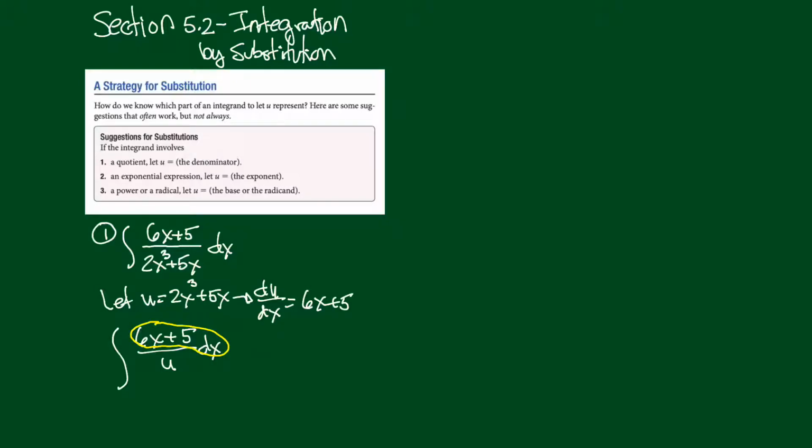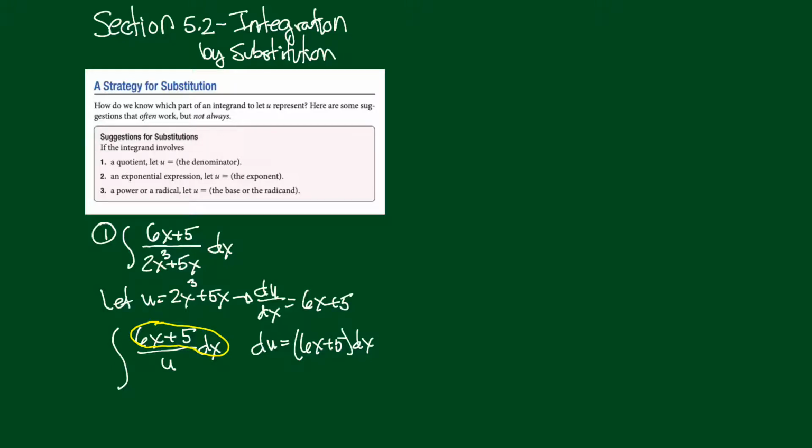Now maybe you recognize there's that 6x plus 5 in the numerator, but I want 6x plus 5 dx. So back here, multiply both sides by dx, and we'll get du is equal to the quantity 6x plus 5 dx.